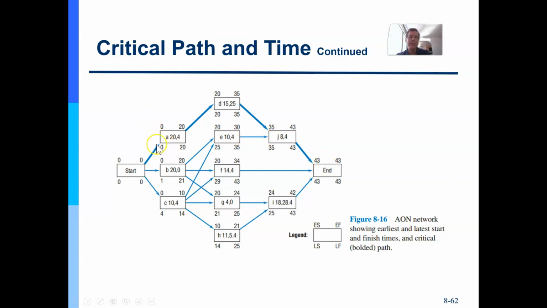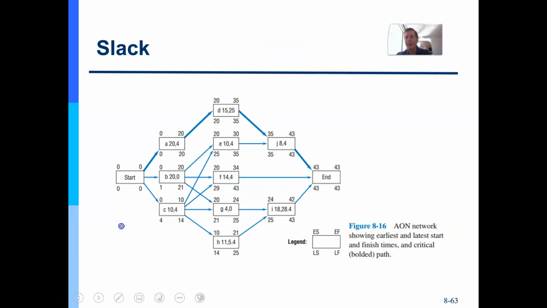So notice in these times, if I subtract the bottom one minus this one, it doesn't matter which side, if I get zero, there's zero float, and that's part of the critical path. Okay, and we'll define those here shortly. Another way to say it is just called slack, right?